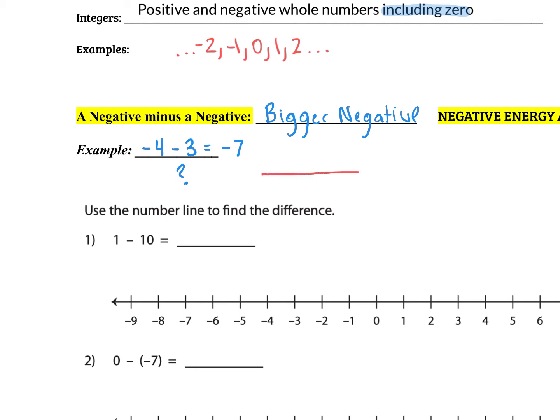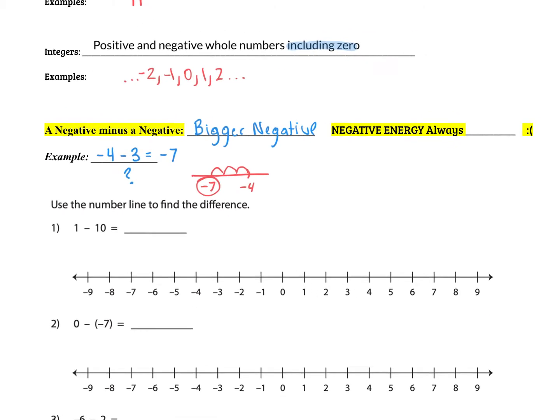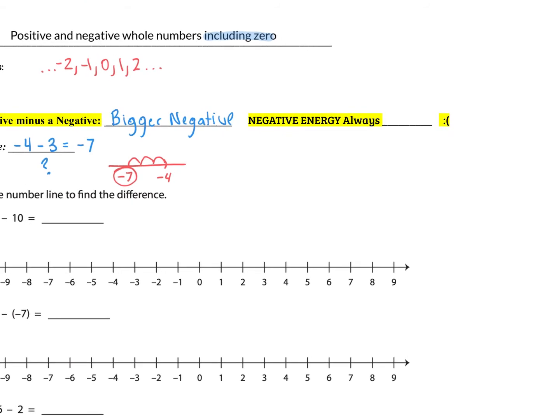Or you could think you're going further in debt. You're at -4 and you're going back 3 more spaces to get to -7. You can also think negative energy always wins.